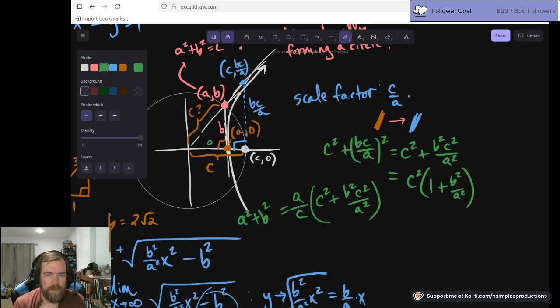We know this distance is a here, this distance is b here, and we're trying to find what that diagonal, a squared plus b squared, is going to get us. We know it should be c squared.